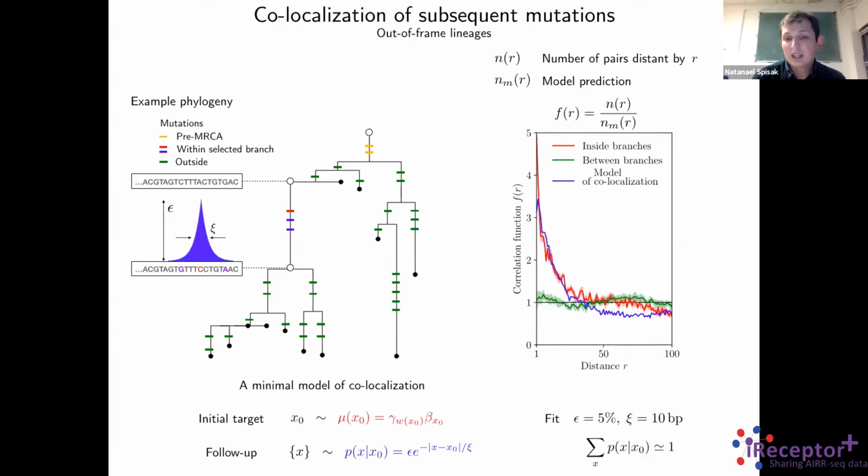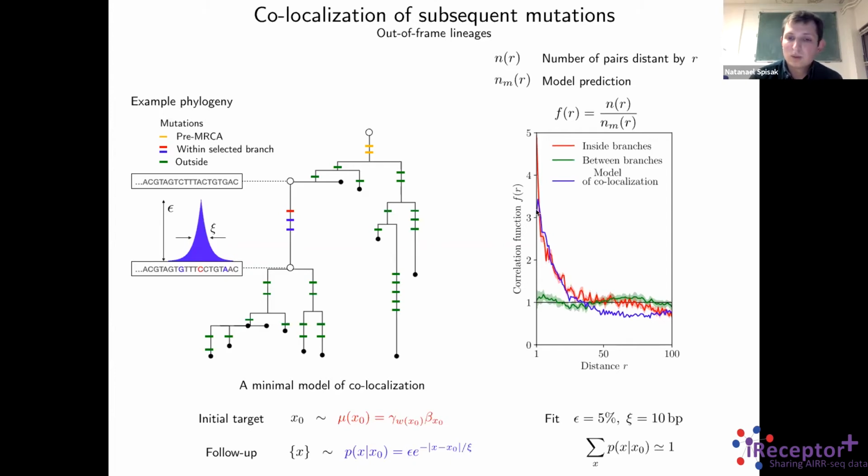Now, to get a sense of the scale of this effect of co-localization, we built a really minimal model where we simply say that each targeting event that follows the law described by the model I talked about just before can be followed up by a number of mutations at neighboring base pairs, where neighboring is defined with an exponential kernel characterized by width psi, and then an overall probability to mutate epsilon.